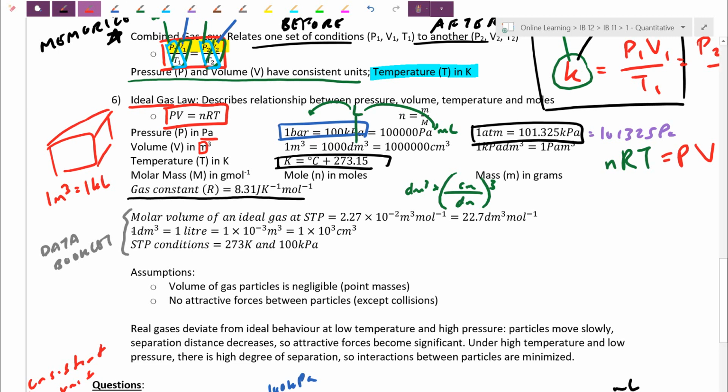They start off in the data booklet and remind you 1 decimeter cube is a liter. They say I have 1 of this middle one. So if I have 1 of this middle one, I multiply 1,000 to get to centimeter cube. So that's why I have 1,000 centimeter cube, 1,000 milliliters. If I'm this middle one and I only have 1, I would need to divide by 1,000 to get to meter cube. So that's why I have 0.001. Everything's off by 1,000, and that's how it's worded.